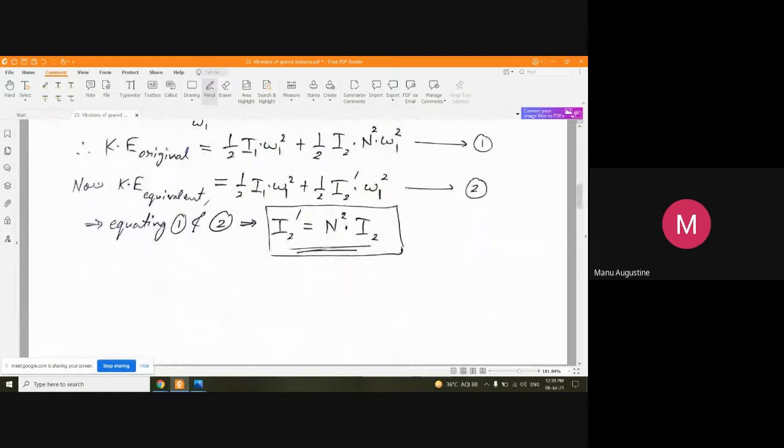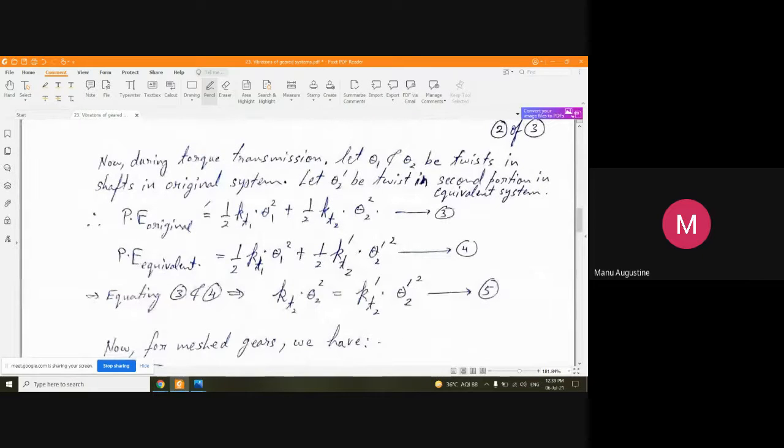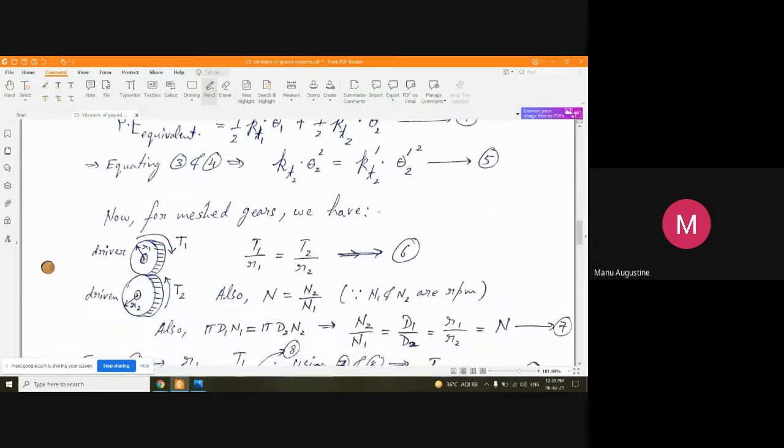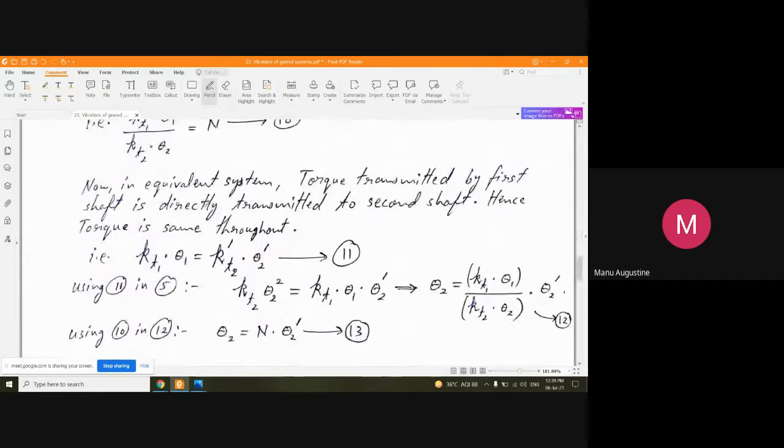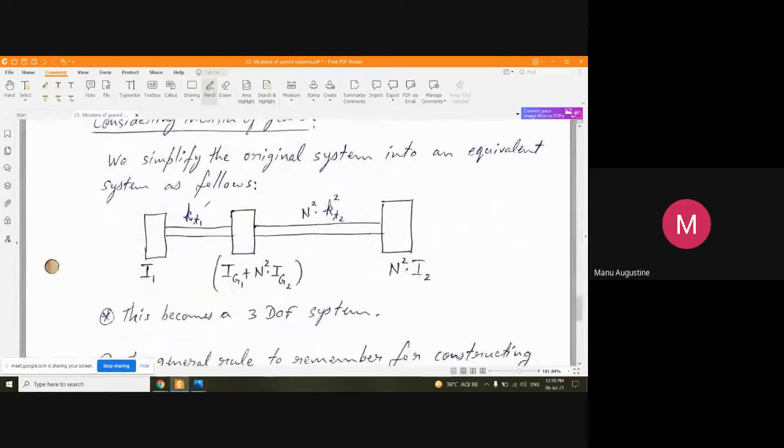Now we have already studied how the inertia of a driven side element is converted into an equivalent element. So we do not need a detailed derivation anymore. We can simply say, how many gears did we have? We had two gears. One gear was on the driving side and one gear was on the driven side.